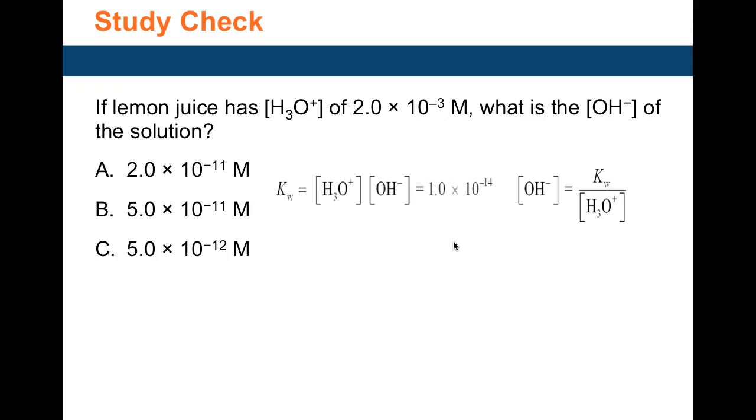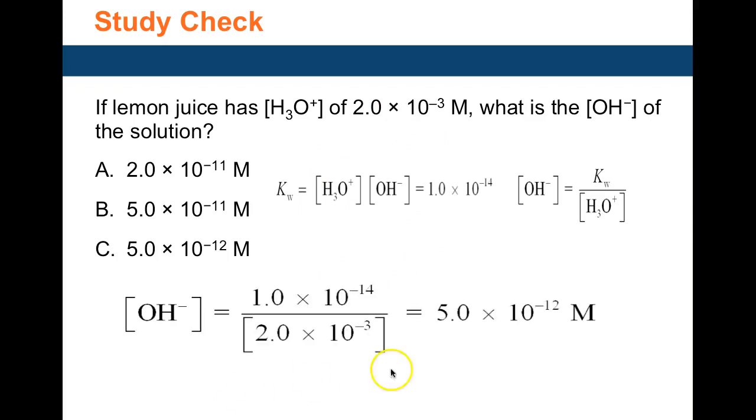So when you do that, you should get the answer, and I believe it should be C. Yeah. So 2 times 10 power negative 3 in the denominator, 1 times 10 power negative 14 in the numerator. All right. Okay.